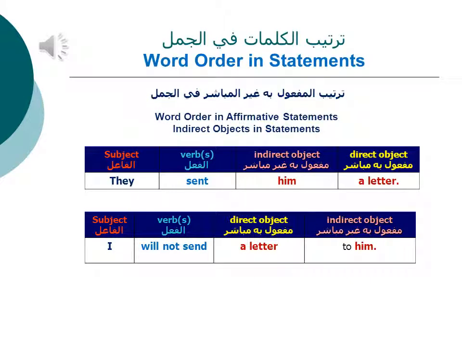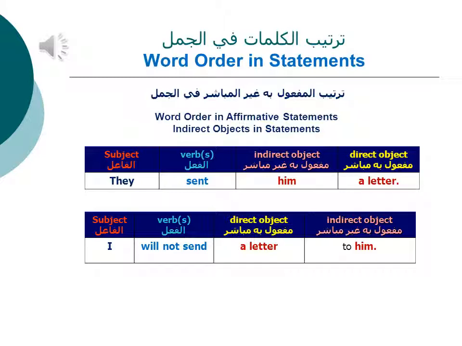Now I want you to pay attention to the following two tables, which show you how to place the indirect object in a sentence. The first one, they sent him a letter. Notice that the direct object comes at the end.